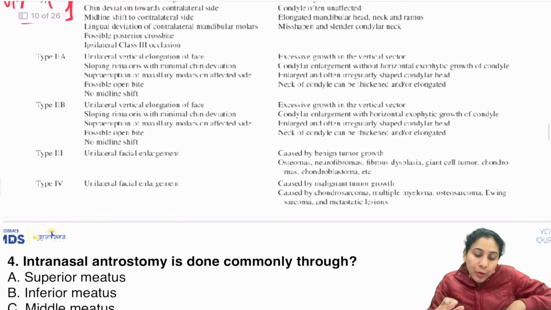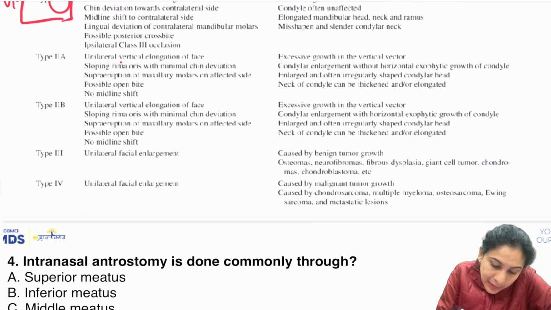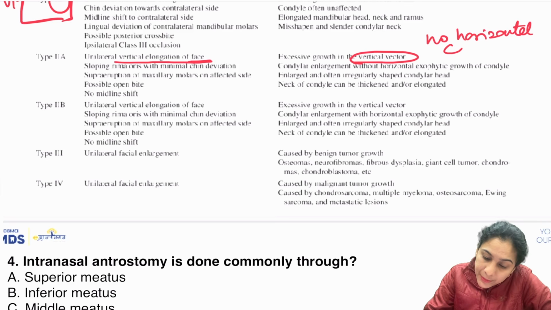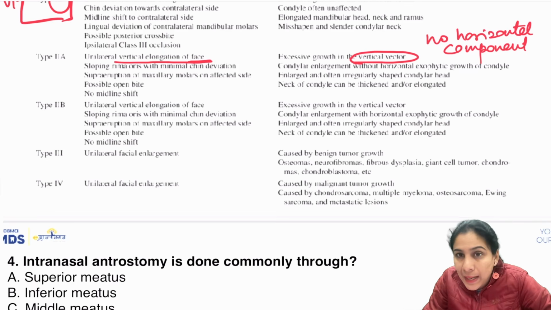Now, type 2A is a vertical elongation of face. Okay, but vertical vector of growth with no horizontal component. Okay, I will explain it to you with a diagram also.